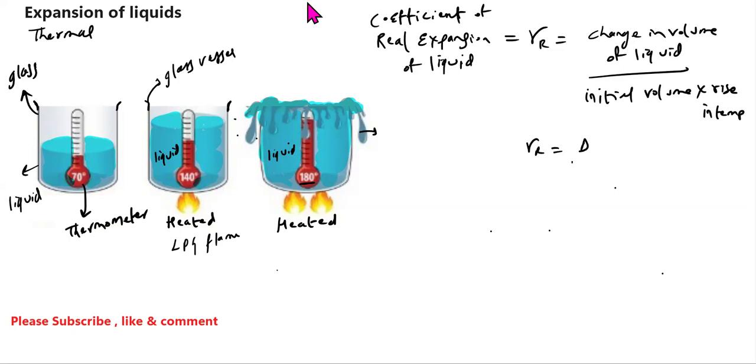So gamma R equals delta V by V naught into delta T. Like this, we can define the coefficient of real expansion of the liquid.